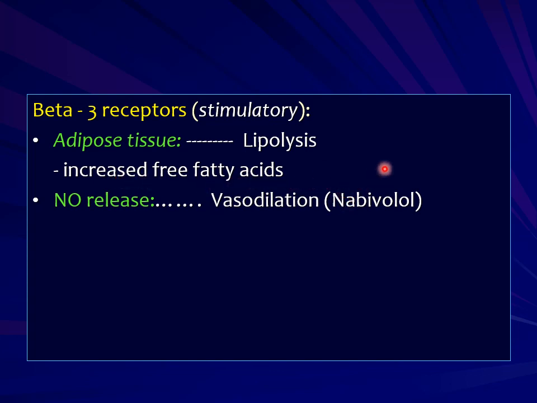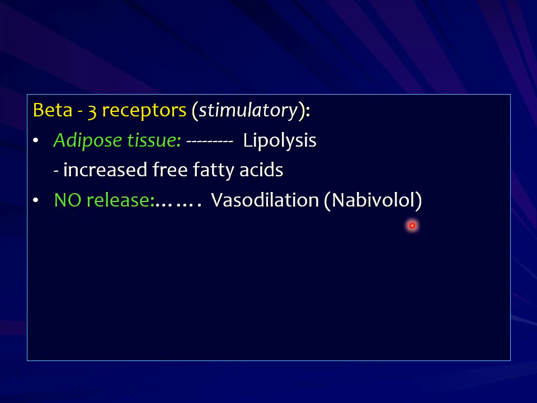In case of prolonged sympathetic stimulation, due to increased free fatty acids, we observe atherosclerotic change in those patients. These beta 3 receptors are also responsible for the release of nitric oxide. So nitric oxide itself is a vasodilator, so there is vasodilation.